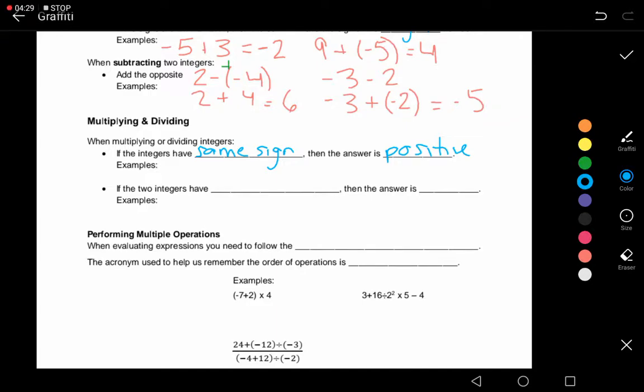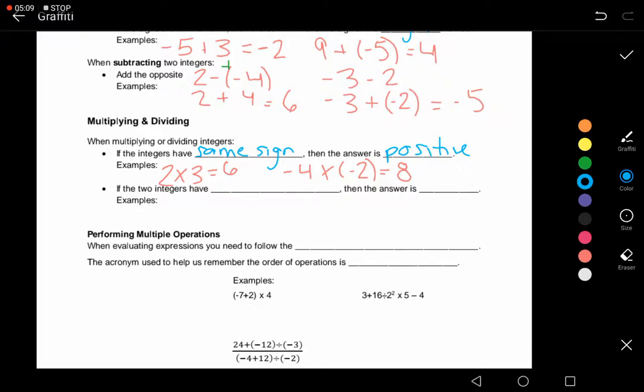All right, so for example, 2 times 3, right? Two positive numbers. My answer is also going to be positive. On the other hand, if I had negative 4 times negative 2, so those signs are again the same. So I know my answer is going to be positive 8.